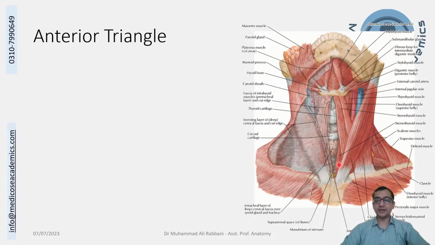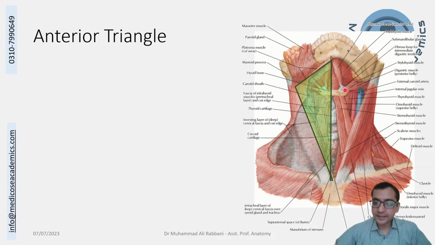Let's start with the anterior triangle. This is a picture from the side, with the skin removed. The anterior triangle is bounded by the midline anteriorly or medially, and the jaw, the lower margin of the mandible, superiorly. Some books say supralaterally because it's up and lateral.